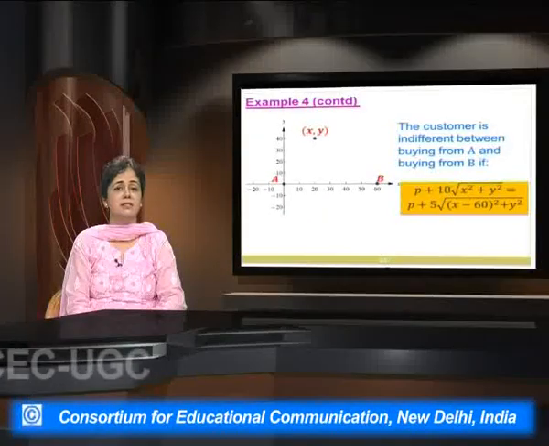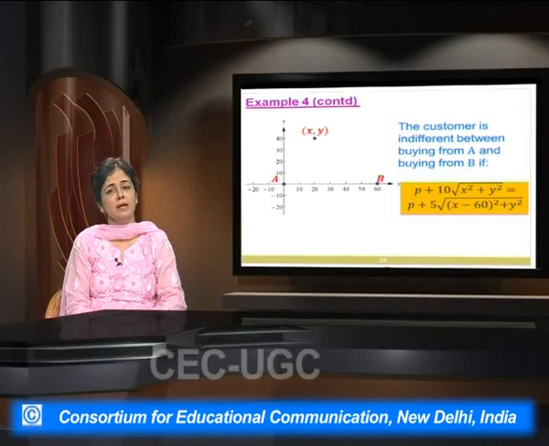Once we find all the points where the customer is indifferent between buying from A and buying from B, there will be one region where the customer will only go to firm A, and another region where the customer will only go to firm B. These regions will be on either side of the set of points where the customer is indifferent. So, let's first find out the set of points where the customer is indifferent between buying from A and buying from B.